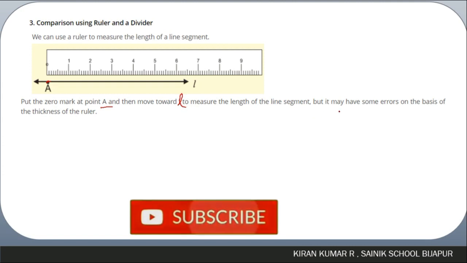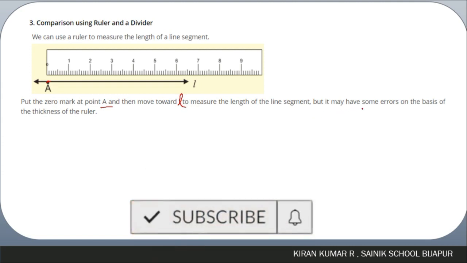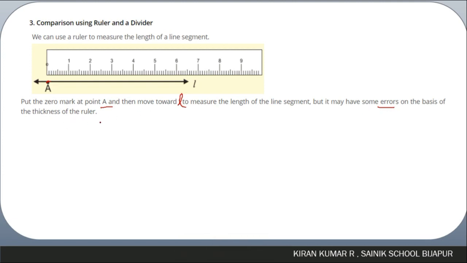But it may have some errors on the basis of the thickness of the ruler and also the thickness of the line segment. So we will make use of a beautiful instrument called a divider. This could be made accurate by using a divider.